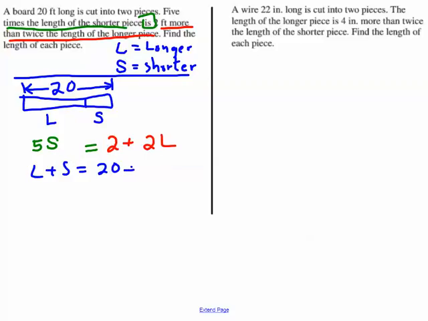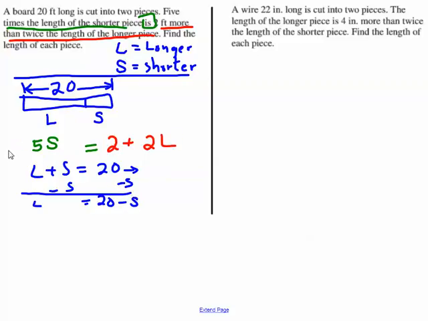I'm going to subtract S and redefine my equation: L equals 20 minus S. And now I'll take that L definition. Instead of L in the Christmas colored equation, 5S equals 2 plus 2L, I'm going to replace that L with 20 minus S.